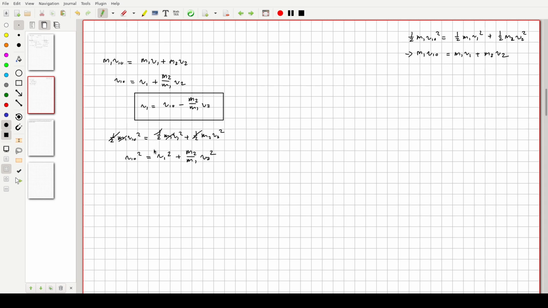Now, let's plug this into this. So you got to square it, and then you have this at the end. Now let's use FOIL.